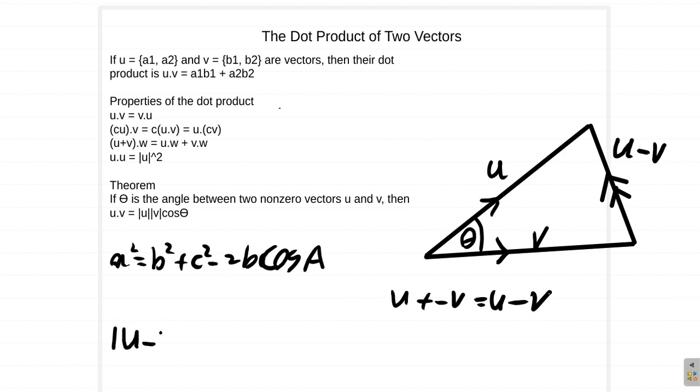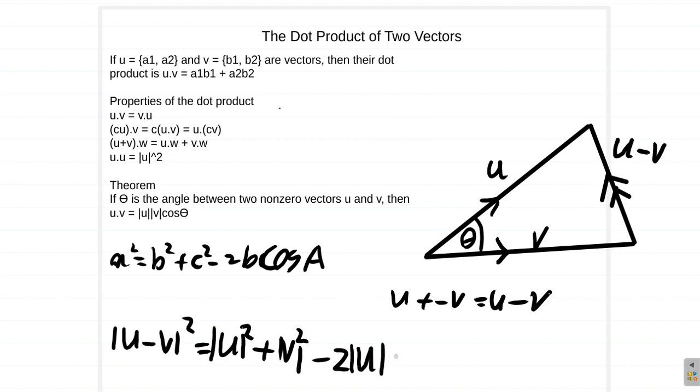The magnitude of u minus v squared would be like the a squared, equal to the magnitude of u squared, which is like b squared, plus the magnitude of v squared, like the c squared, minus 2 times the magnitude of u times the magnitude of v cosine of the angle theta.